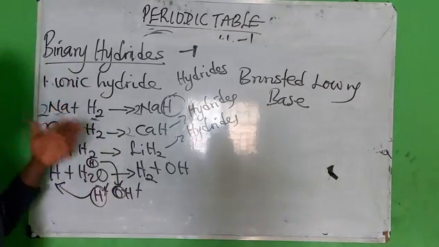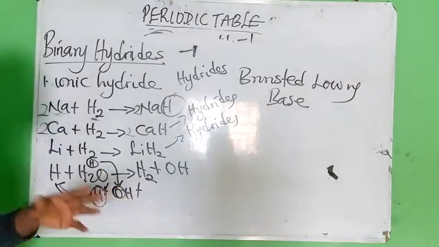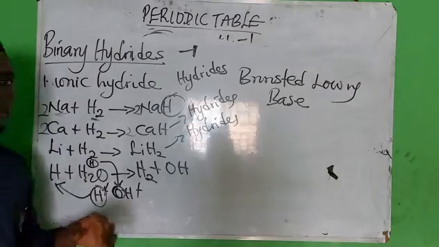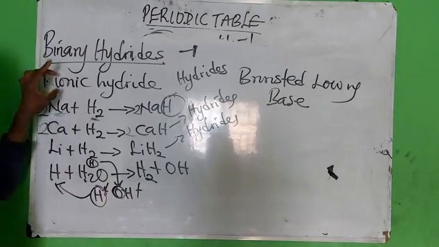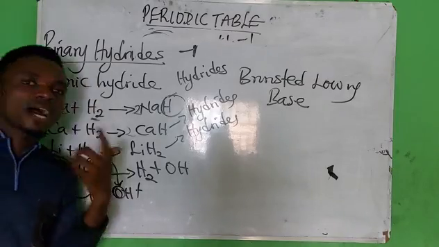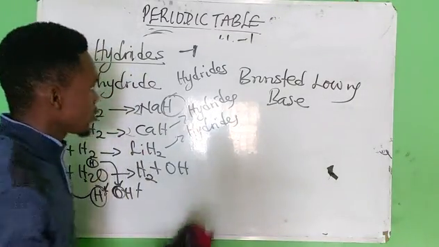Normally ionic or electrovalent compounds have high melting points and high boiling points, and they are used as strong reducing agents. Same thing here: ionic hydrides have high melting points and high boiling points. All right, take note of that.